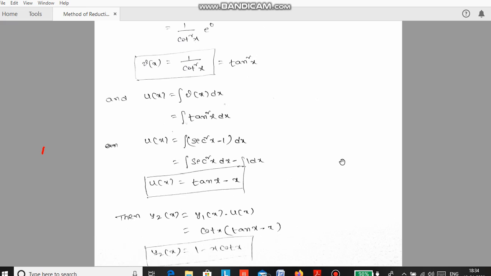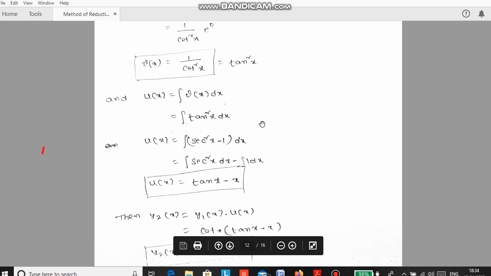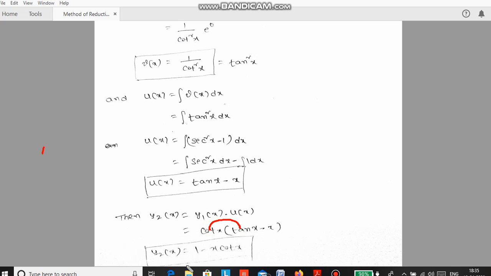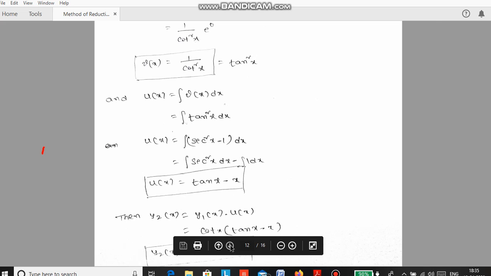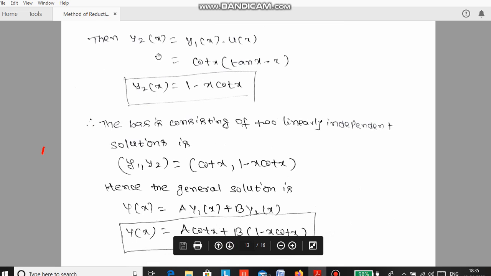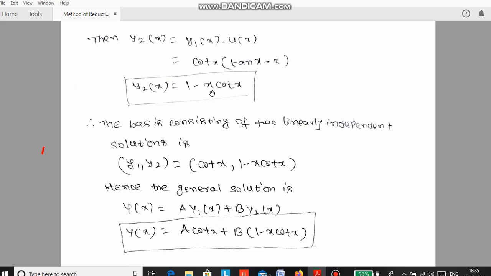So y2 of x is equal to cot x into tan x minus x, which is 1 minus x cot x. So we got the value of y2 of x.